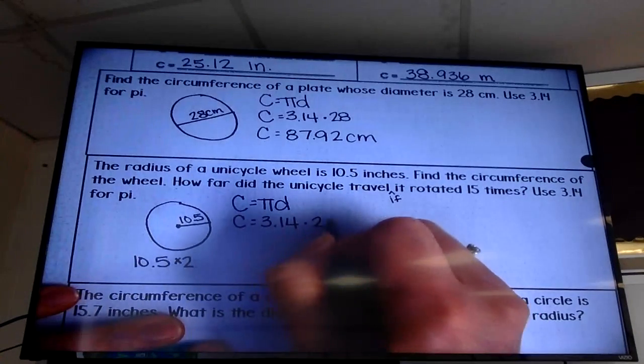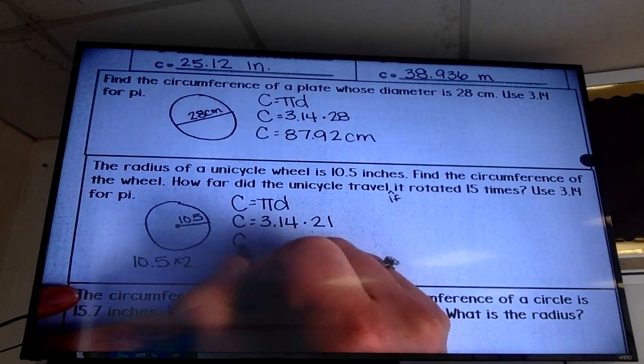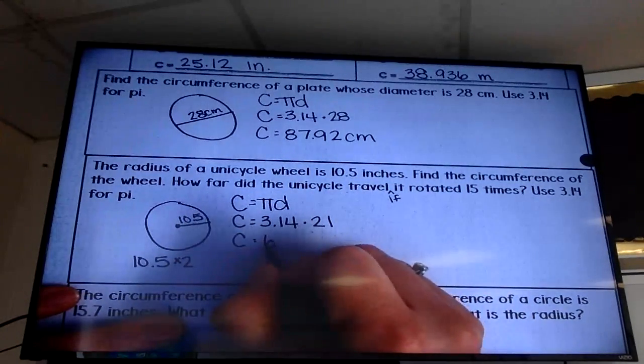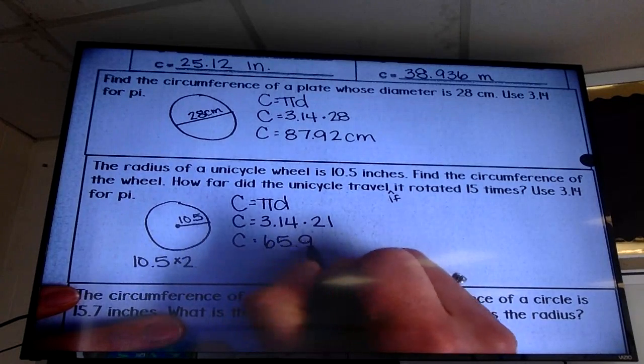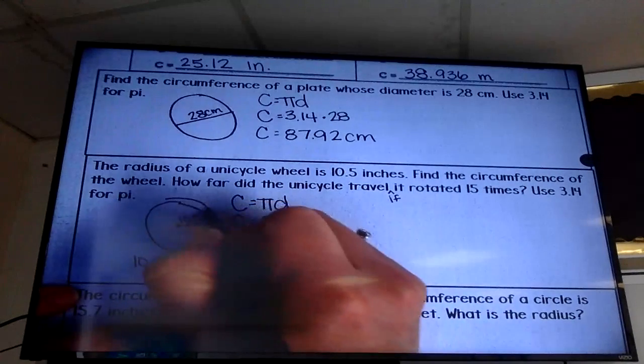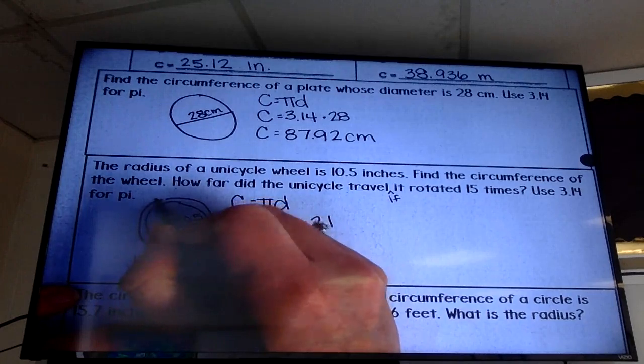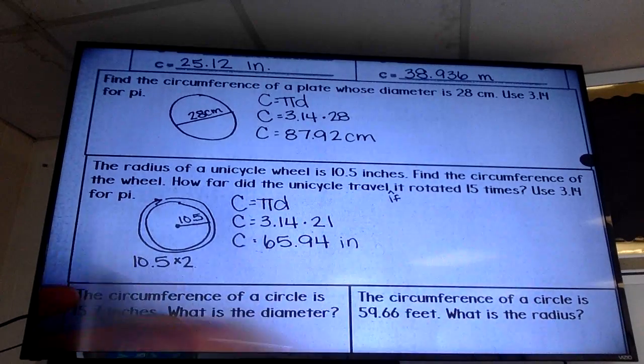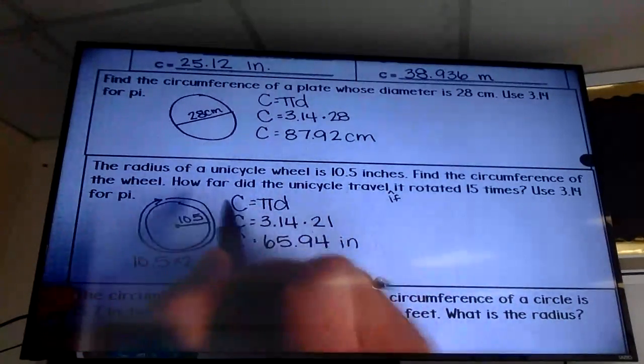That would give me 21. 3.14 times 21. I know when my wheel rotates one time, or the distance around my circle, so the distance one time around my circle is 65 and 94/100 inches. Okay, that answers this question.